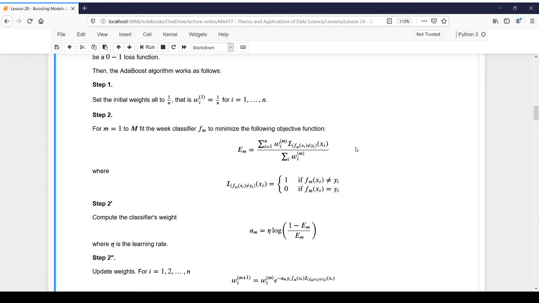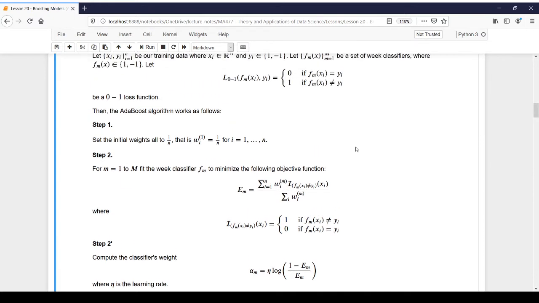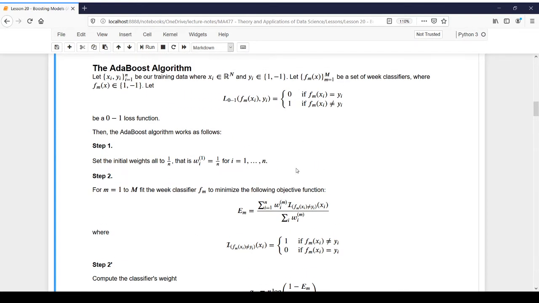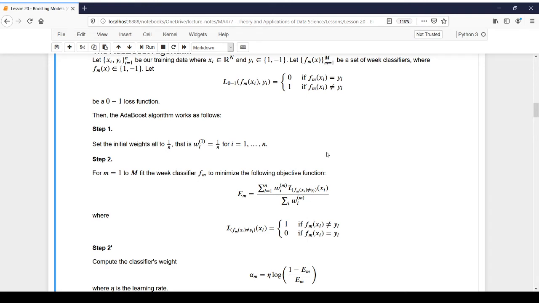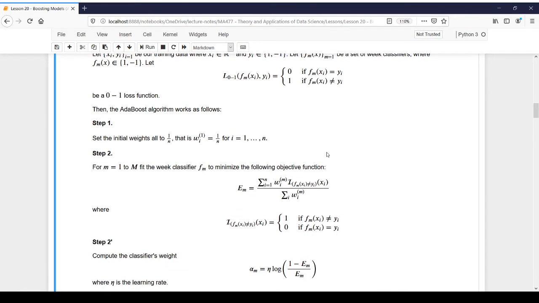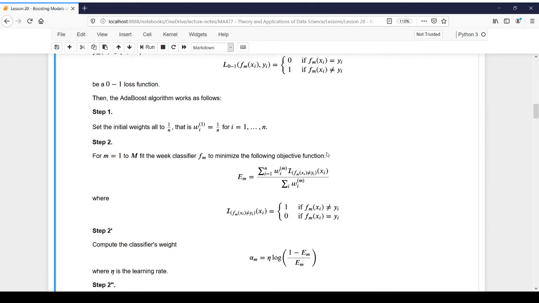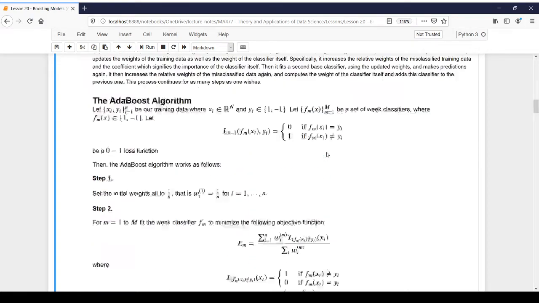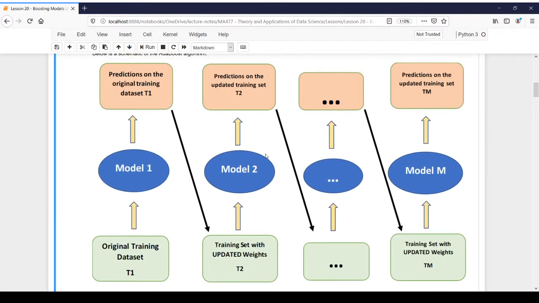One of the things I had difficulty understanding when I first learned about this model, just looking at it without digging deeper, was this idea that the model pays more attention to the misclassified data on the next step. This idea that at stage 2, the weak learner tries to pay more attention to the training samples that were misclassified in stage 1.